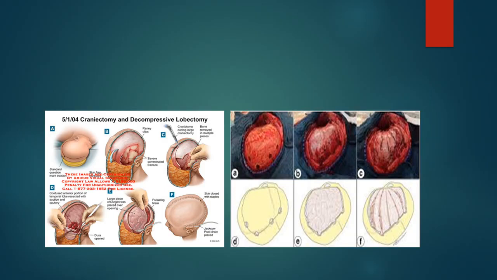You can close the skin with staples, you can close the skin with sutures, whatever is available for you, okay. So this is briefly what I can describe about the bar holes, which the take home is that they are basically the holes that give us entry into the intracranial cavity.